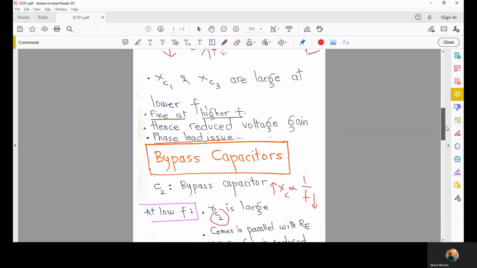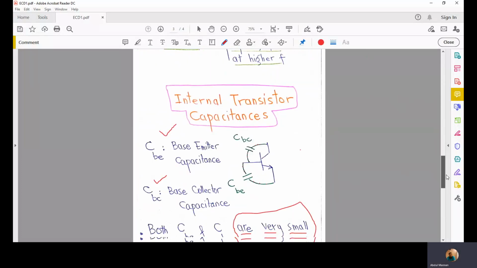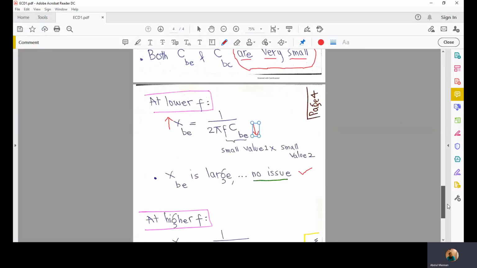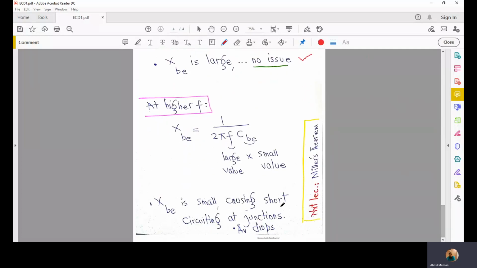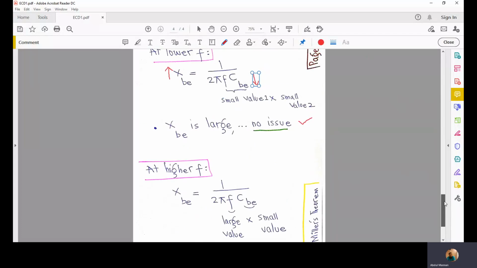But at higher frequency, let's see which capacitances play their role to reduce the gain. That is these internal junction capacitances. For a large value of F, this value is large, but CBE remains the same, a small value. So now we have a larger value multiplied by a smaller value. So the result is not that small as it was here.